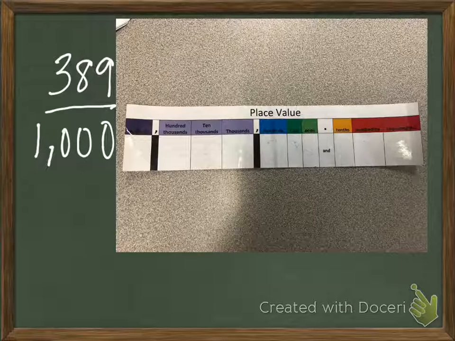So now we are going to work backwards. 389 over 1,000. I want you to turn this into a decimal. So the decimal would read 389 thousandths. So where would we even start? In this case, we know that we have no whole number. There's no whole number.